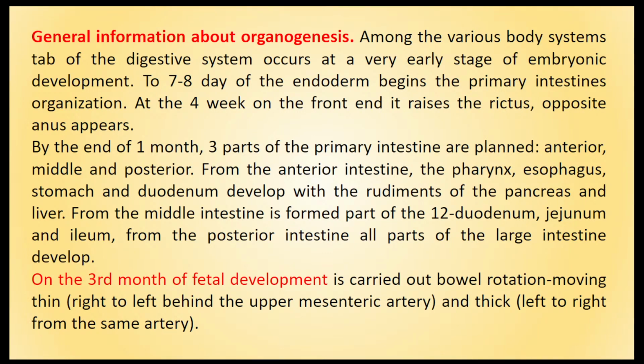In the 3rd month of fetal development, bowel rotation is carried out, moving from right to left behind the superior mesenteric artery, and the colon from left to right from the same artery.